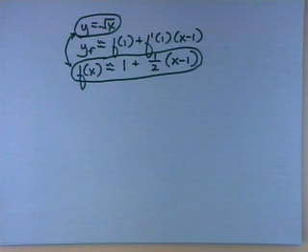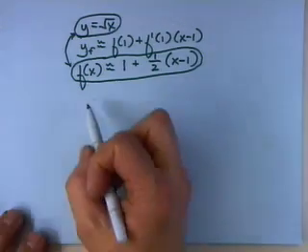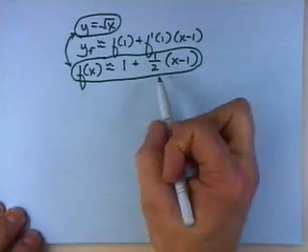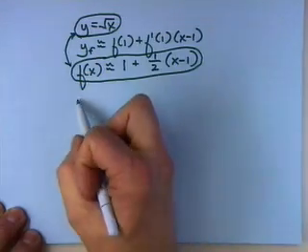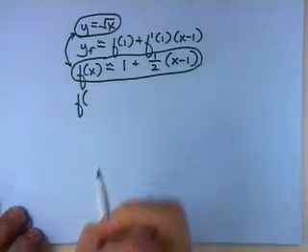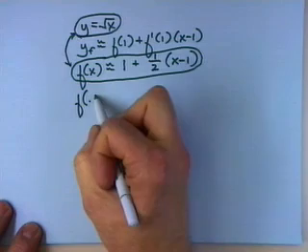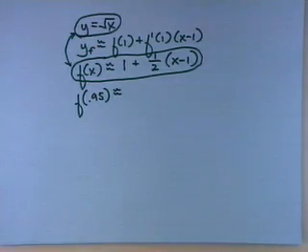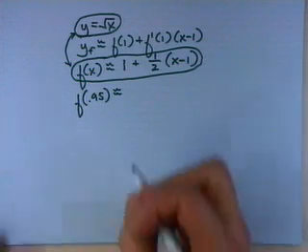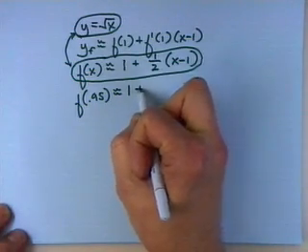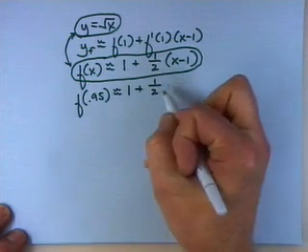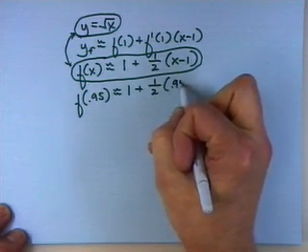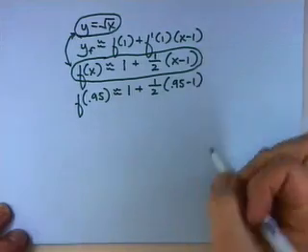We're not going to take the square root of anything. So if we want to approximate something fairly close to 1, let's say f of 0.95, we want the square root of 0.95. It should be approximately 1 plus 1/2 times (0.95 minus 1).